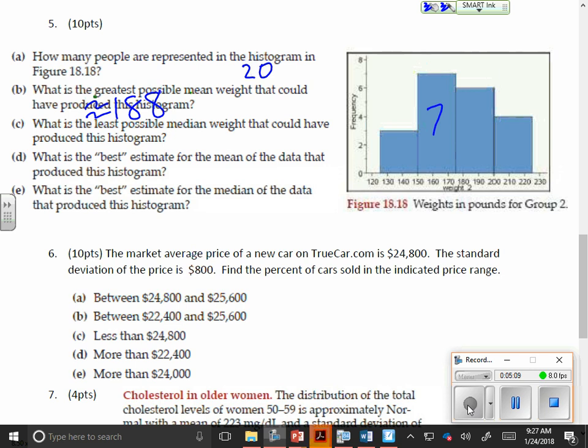And if that was the case, if all of them are right here, and one of these in this group of 6 was right here, if that was number 11, and number 10 ended up being right there, then if 10 weighed 150, and person number 11, when they're all in order, weighed 175, then 150 plus 175, divided by 2, that would be about as low a median as we could hope for.